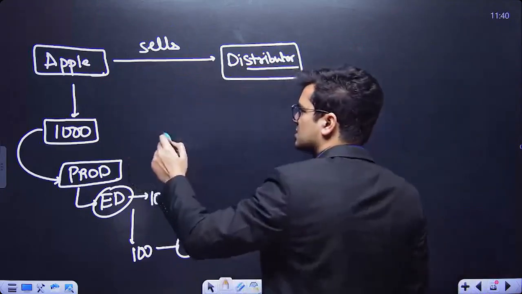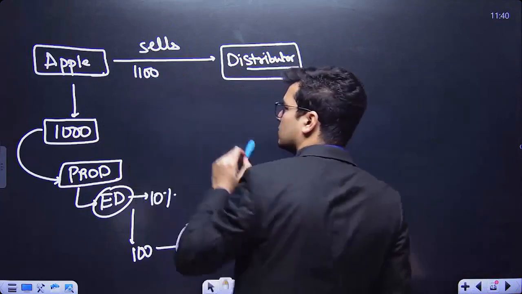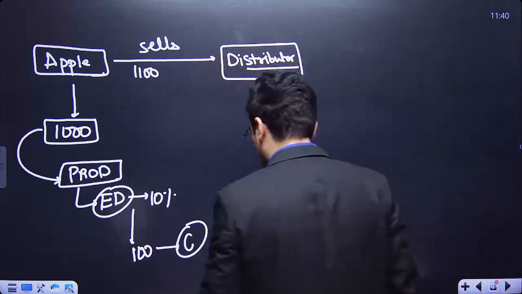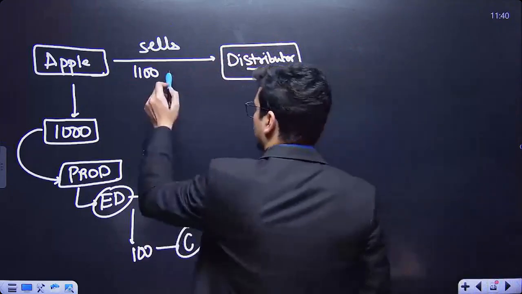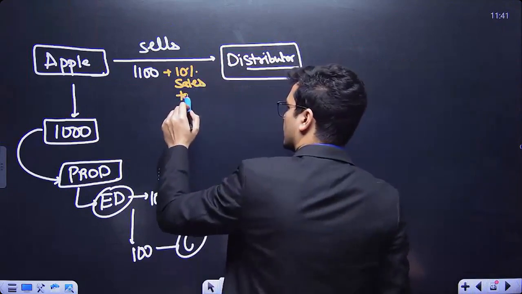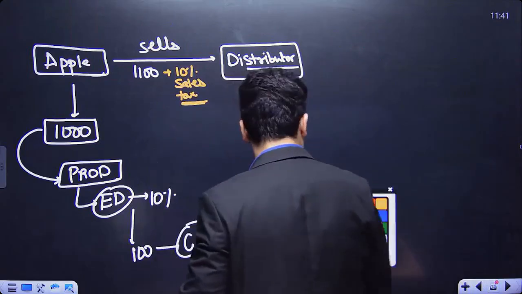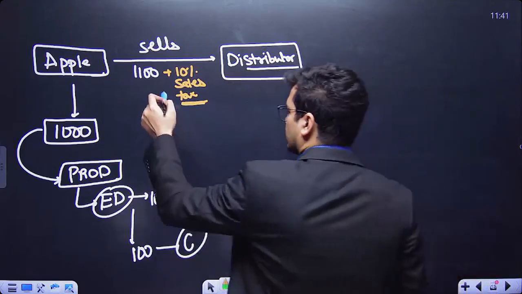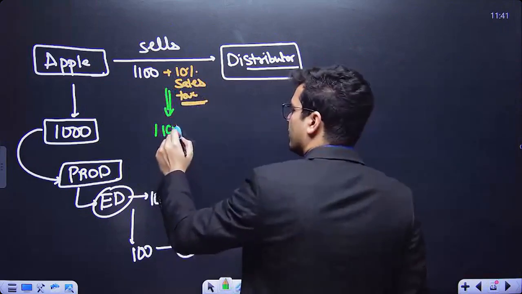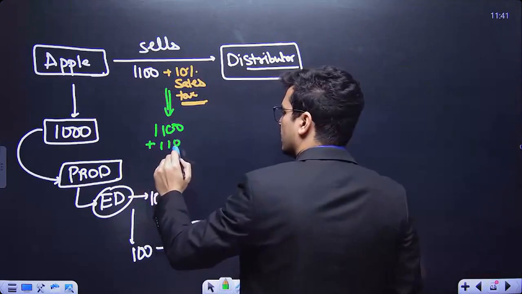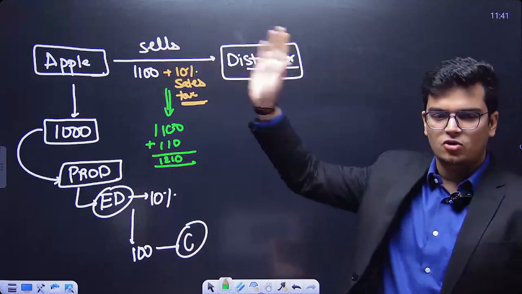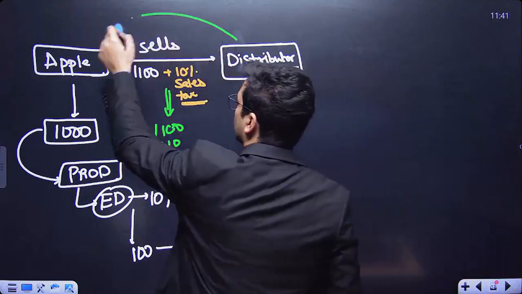Distributor will purchase this for 1100. On the value of the sale, let's assume that there is a sales tax of 10%. What is the distributor going to pay now? Distributor is going to pay 1100 plus 110. He is going to pay 1210. So distributor has paid 1210 rupees to Apple.